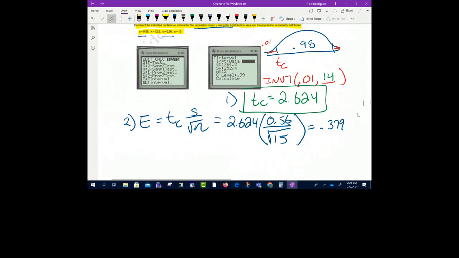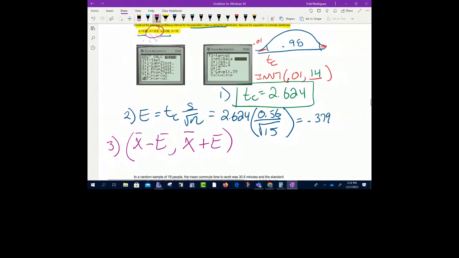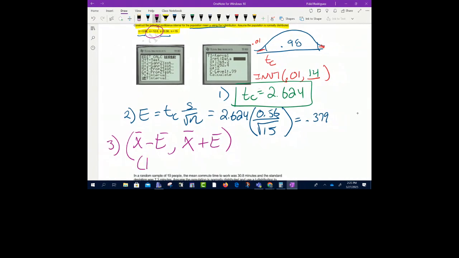Okay. Now, how do we find our confidence interval? Step number 3. Look, y'all, we're going to take X bar minus our error and X bar plus our error. So look, y'all, my X bar in this case was 12.6. I'm going to zoom out, y'all, just so everybody can see this. So 12.6 minus 0.379.